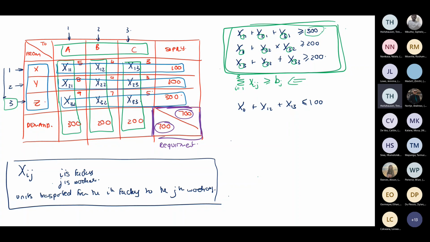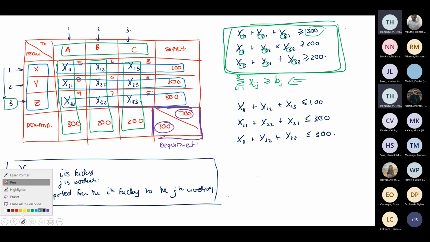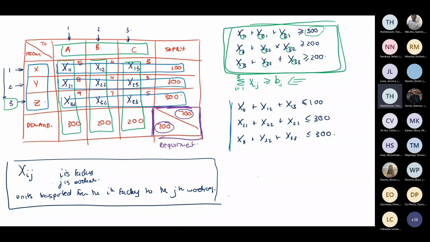Then the next row, x21 plus x22 plus x23 less than or equal to 300. And the next row, x31 plus x32 plus x33 greater than or equal to 300. And those are your supply constraints.